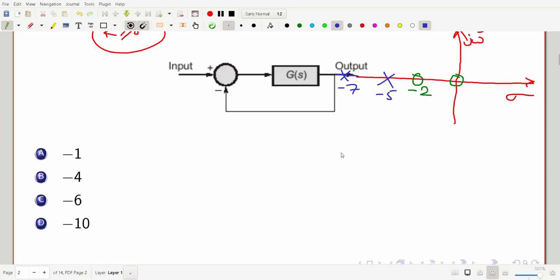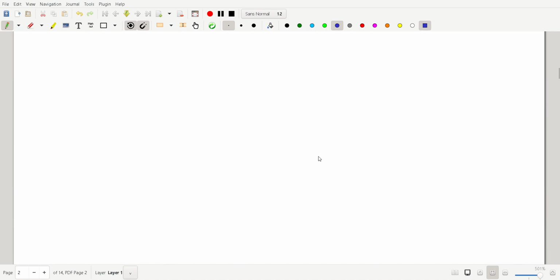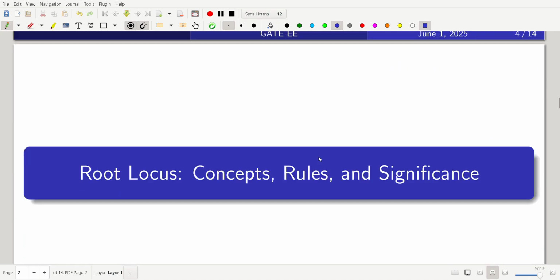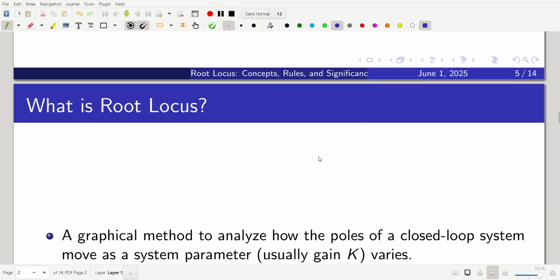Our agenda is that we will cover the important concepts which are frequently asked in exams. In root locus, what are the concepts, rules, and significance, and what is the root locus?